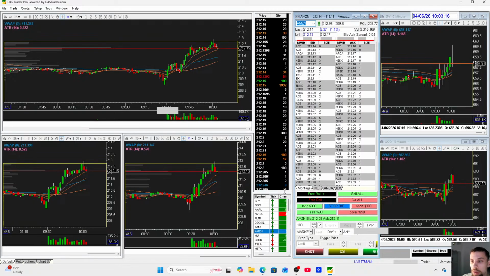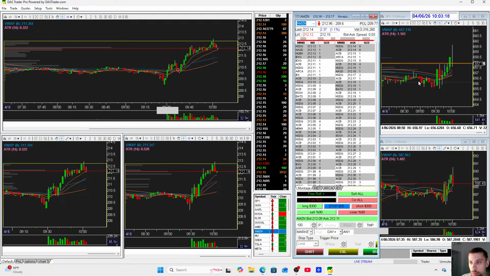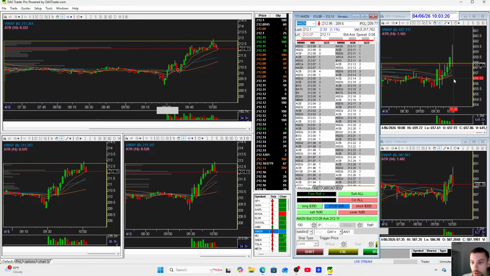A little bit of volatility happening right now on SPY and Qs. Look at that 5 minute wick on SPY.